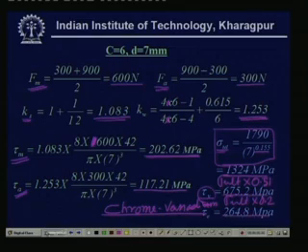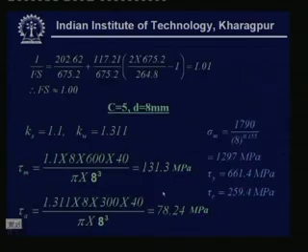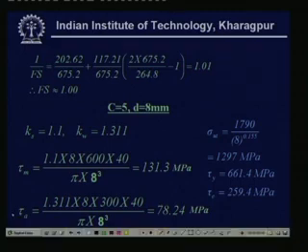Once we find the material property, we substitute these values into the equation: tau mean by tau yield point, tau stress amplitude by tau endurance.